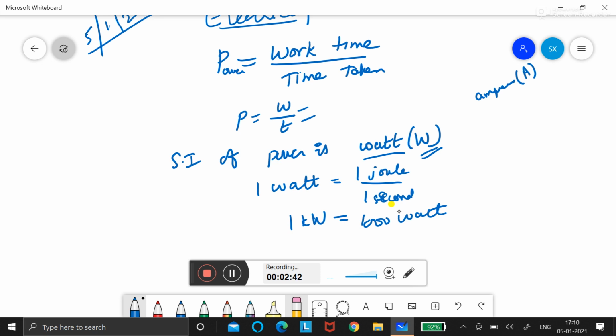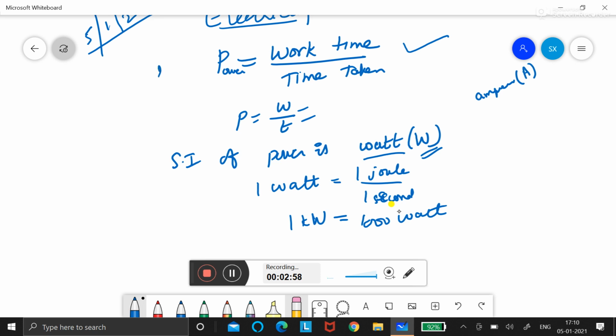Okay, so we can also say electric power is the rate at which electric energy is consumed. This is one definition: electric power is the electric work done per unit time.